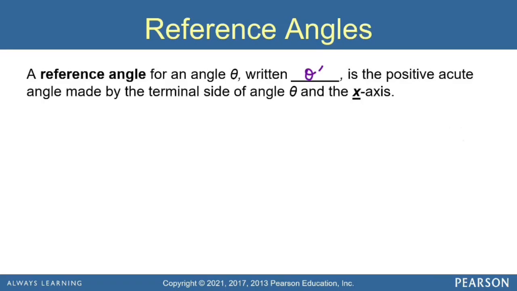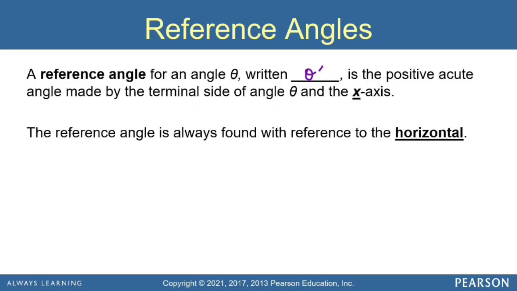And the reference angle is going to be the positive, acute angle made by the terminal side of an angle theta and the x-axis. So notice that the reference angle is formed by the terminal side of the angle theta and the x-axis. So the reference angle is always found with reference to the horizontal.